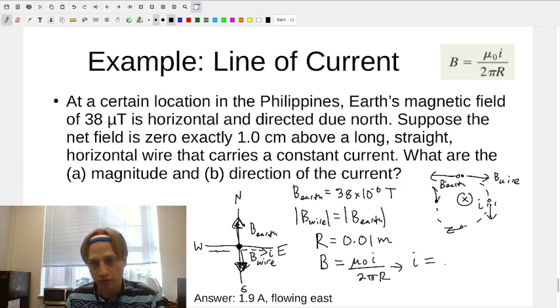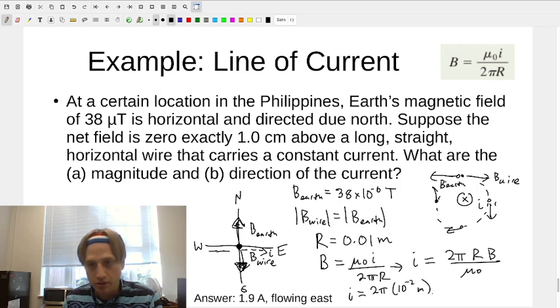I equals 2 pi R times B over mu naught. And if I stick in my numbers, it turns out this works out pretty nicely because I have 2 pi times 0.01, which is 10 to the minus 2 meters, times B, which is 38 times 10 to the minus 6 Tesla.